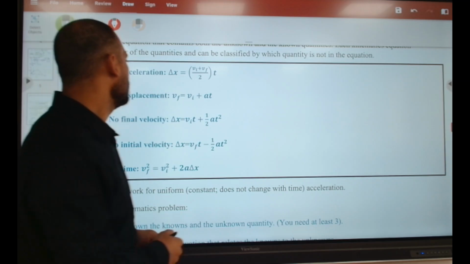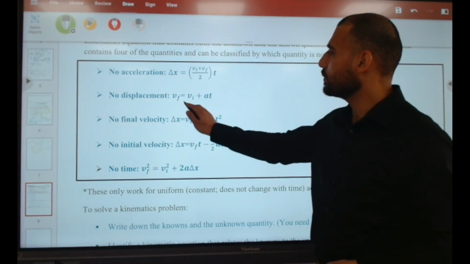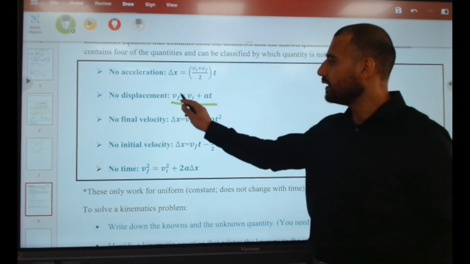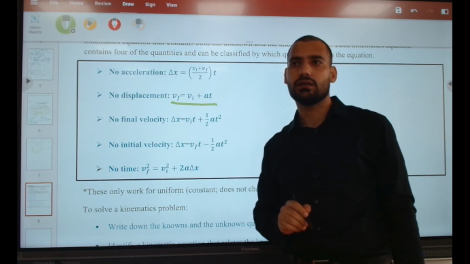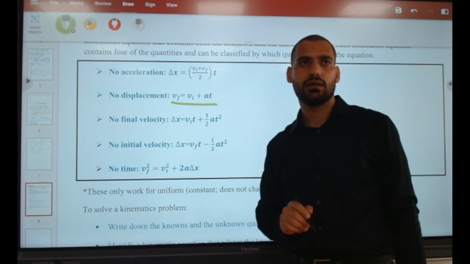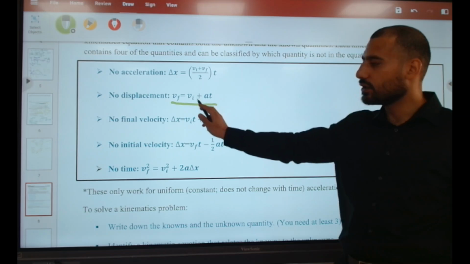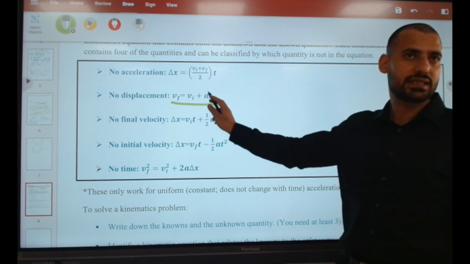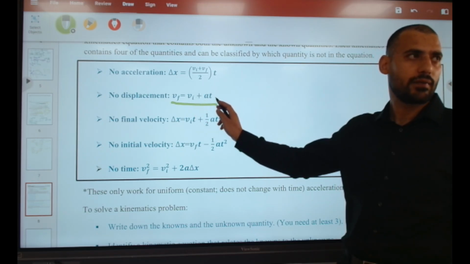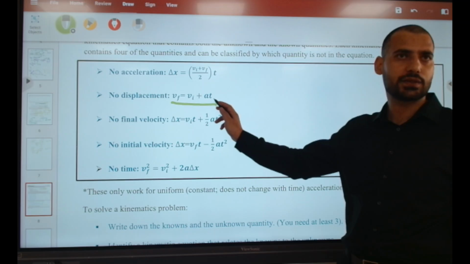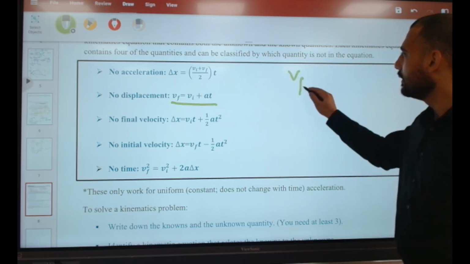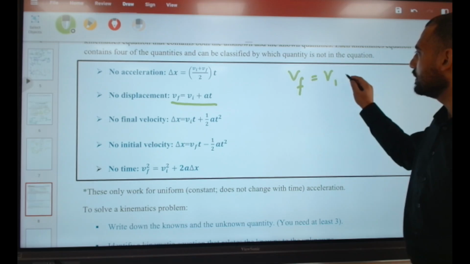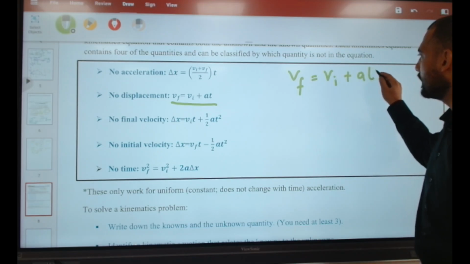So, I think you have seen this equation before as well. Final velocity is equal to initial plus acceleration into time. Have you done it? Yes? Final velocity is equal to initial velocity plus acceleration into time.